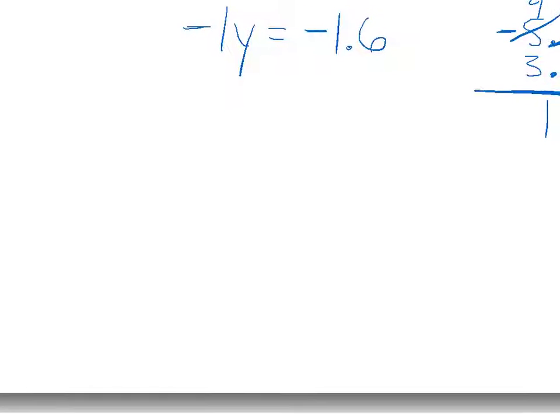It's like a brand new problem. Negative 1 times y is equal to negative 1.6. What inverse operation do I need to do now? Division. So I need to divide by negative 1. Don't want to divide by negative 1y, that would cancel out our y's. Why would we do multiplication right here if it's division right here?